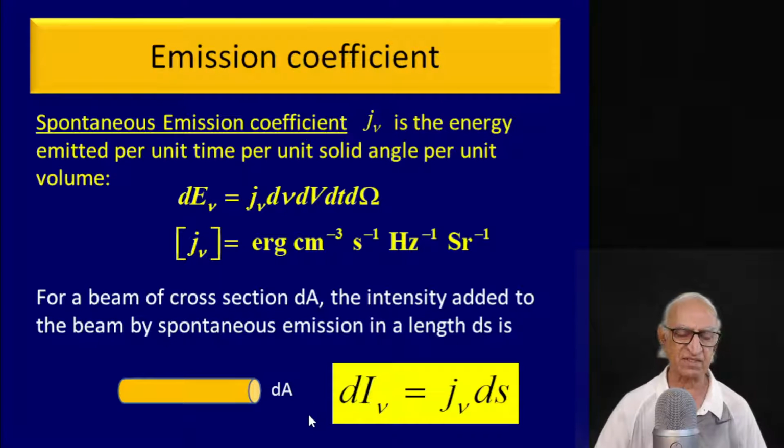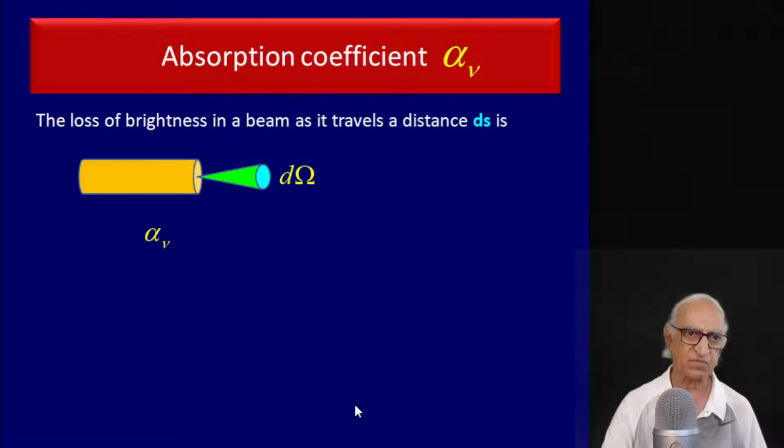That relation is the specific intensity added to the beam of cross-sectional area dA is given by the emission coefficient J nu into ds. If the length of the cylinder is increased from ds to 2ds, then the contribution to the specific intensity will double, and so on.